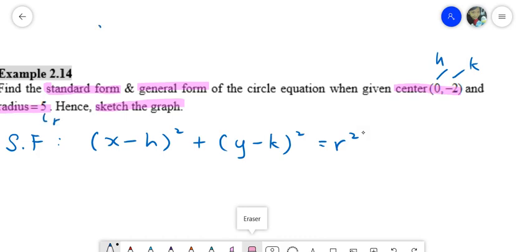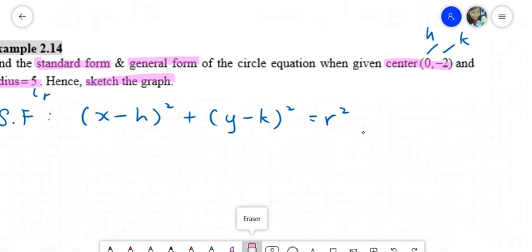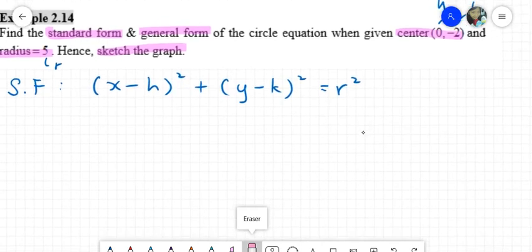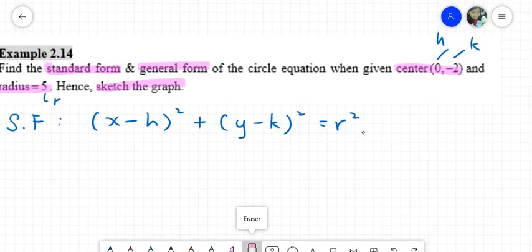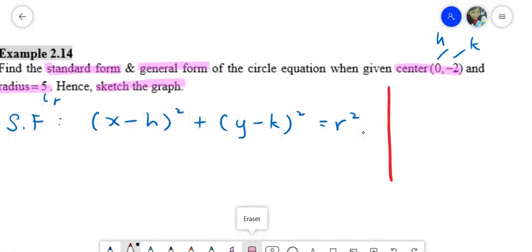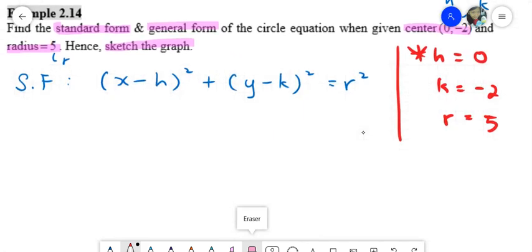So obviously you already know h is 0, k is -2 and r is 5. Am I right? So just substitute in respectively.